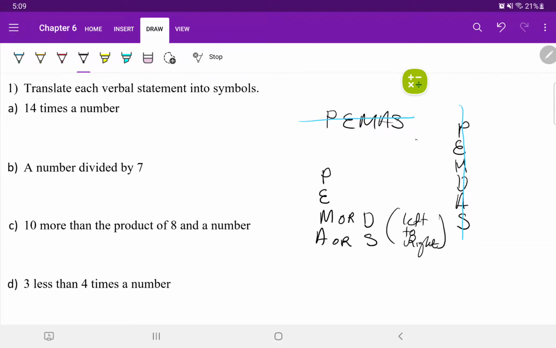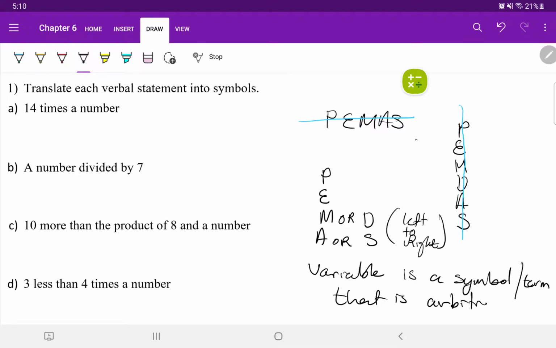Now, let's translate this. And before I do that, I want us to introduce what is known as a variable. A variable is a symbol or a term that is arbitrary, which means it can assume any value.